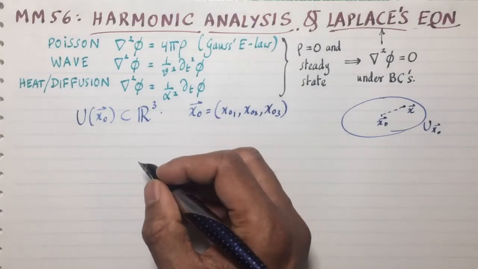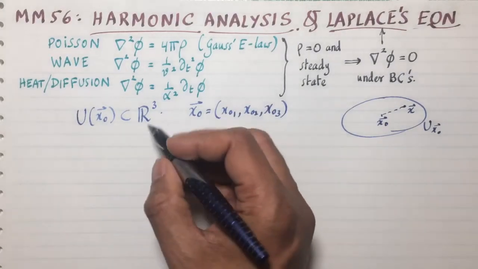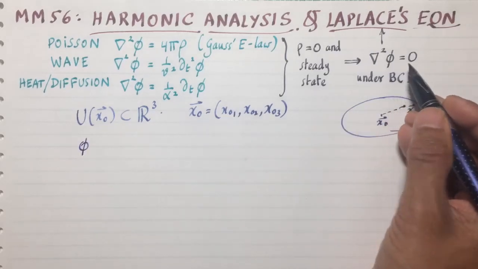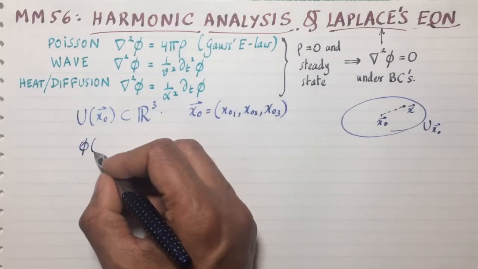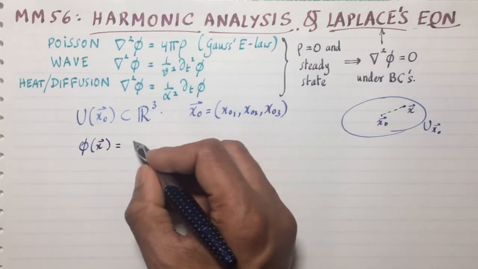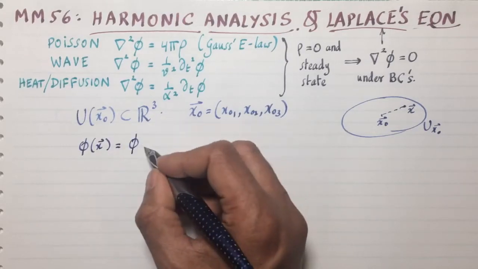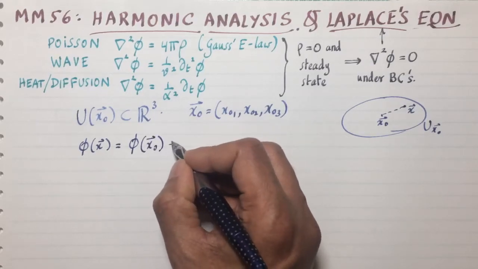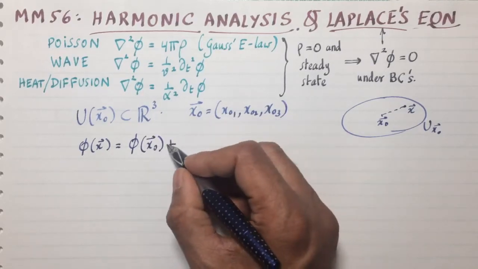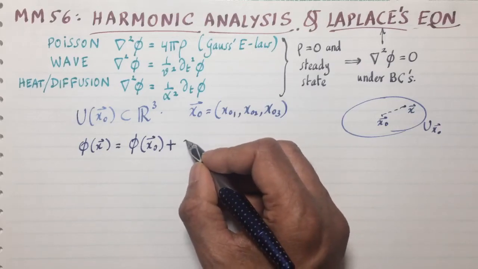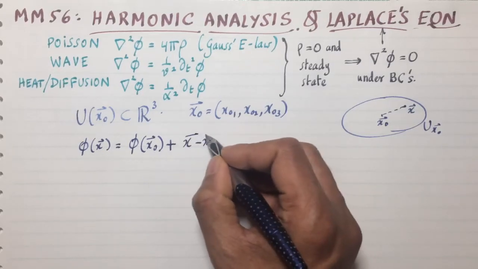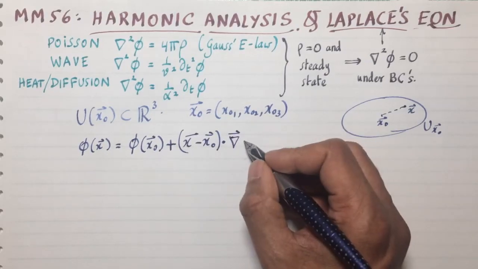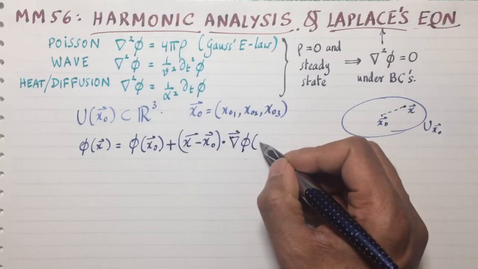Well, for one thing, you can Taylor expand this function phi that satisfies Laplace's equation as follows. Phi of x would be phi of x naught plus x minus x naught dotted with the gradient of phi evaluated at x naught.